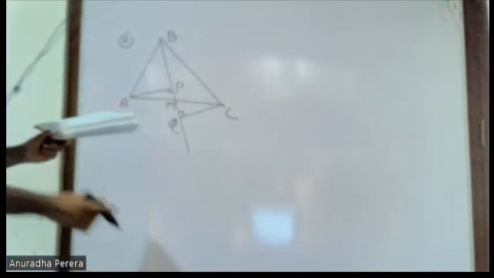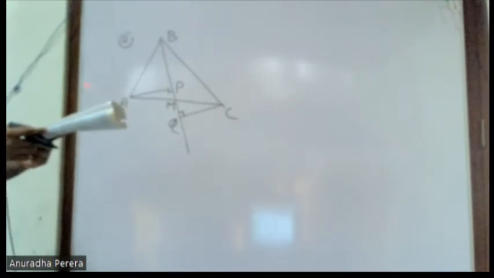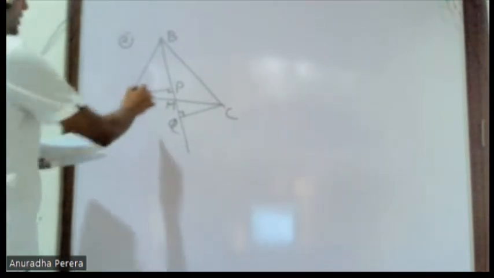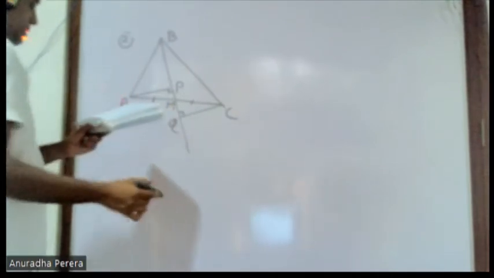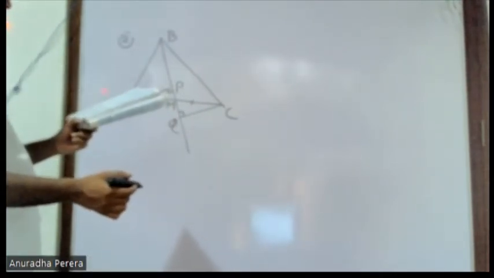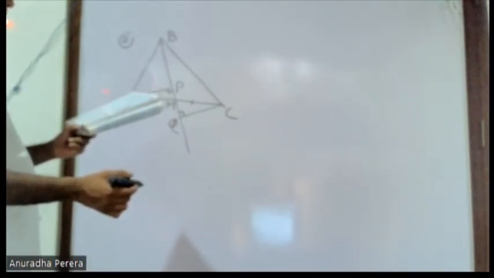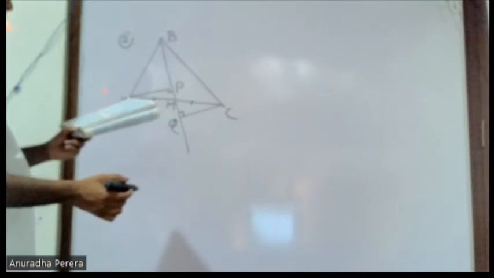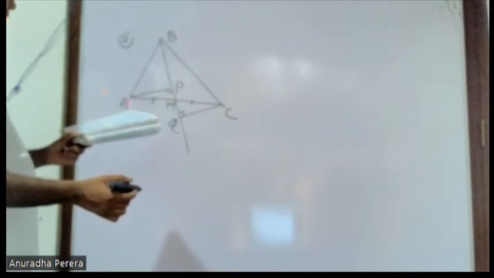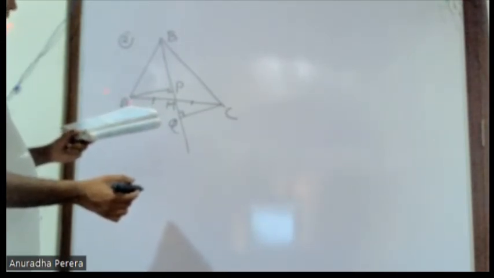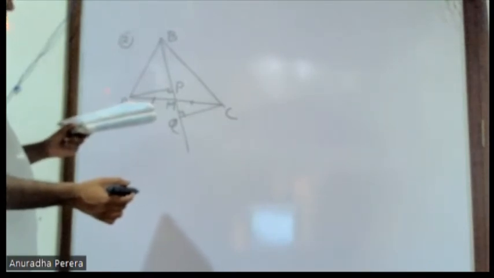Right. In the triangle ABC, the midpoint of AC is M. These two are equal. Right? The perpendiculars drawn from A and C meet BM and BM produced at P and Q respectively. Show that triangle AMP is congruent to MQC. Yes.